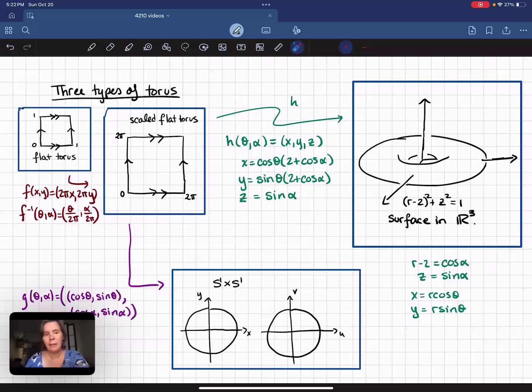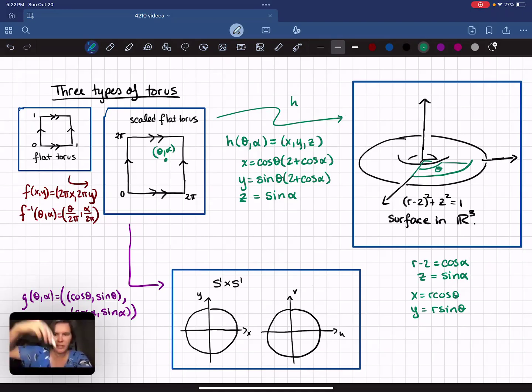One way to think about it visually is, what is happening when you take a point theta comma alpha? Well, first I'm doing x is r cosine theta and y is r sine theta. And so in cylindrical coordinates, that corresponds to going around at an angle of theta. Like if this angle right here would be theta, coming around the long way around the donut, okay?